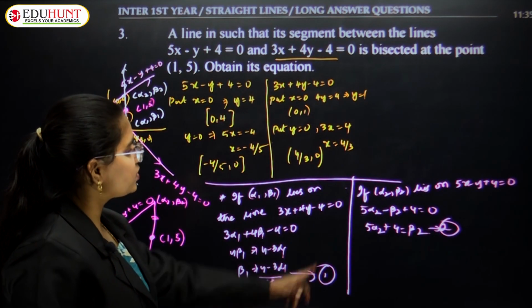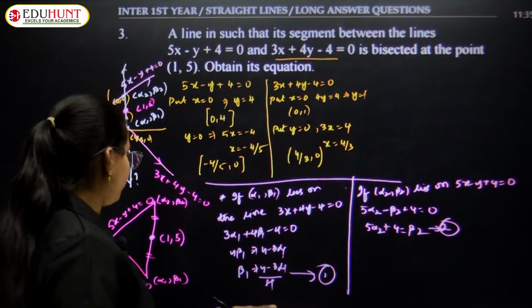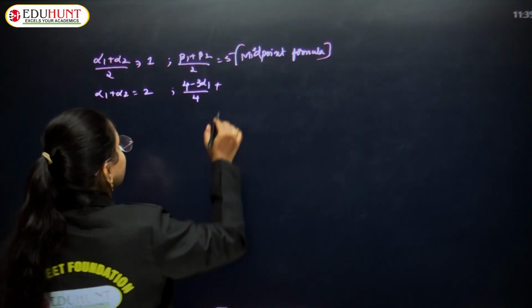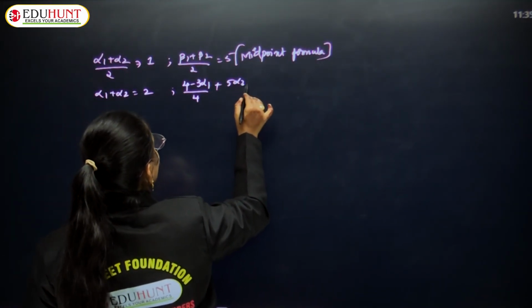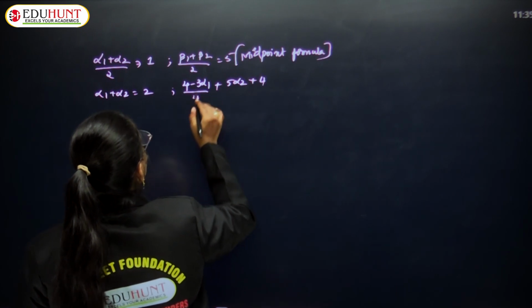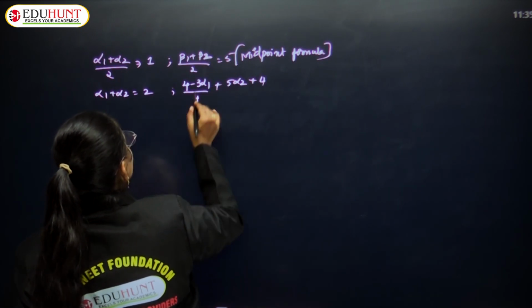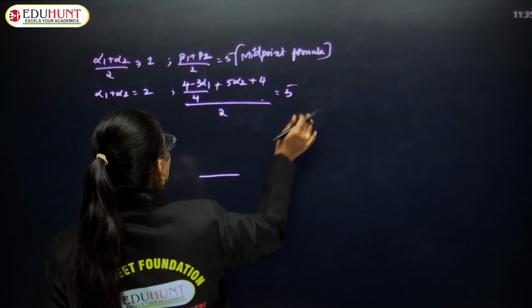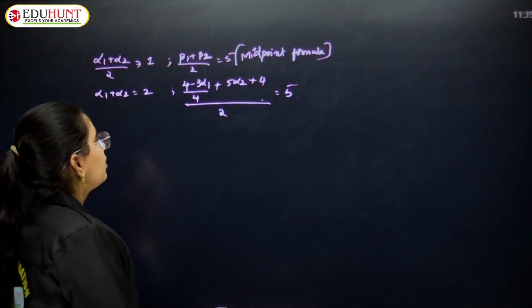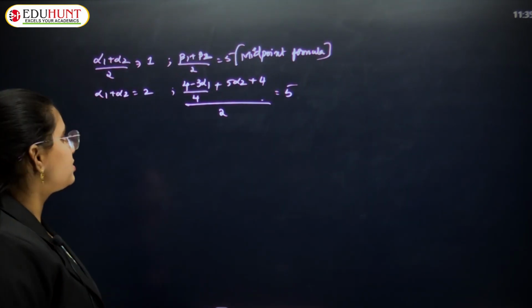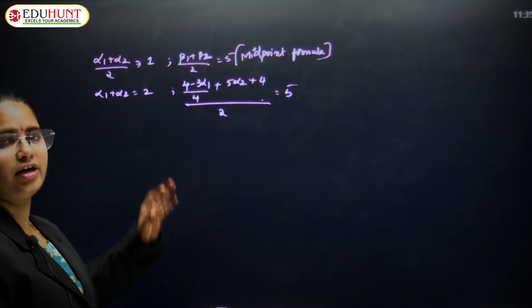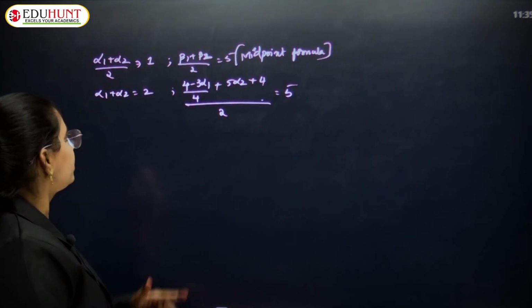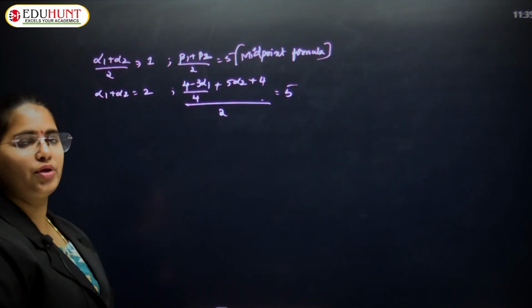The value of beta 2 is 5 alpha 2 plus 4, right? This is 2 beta 2 whole divided by 2 is equal to 5, correct? So I have simplified this.